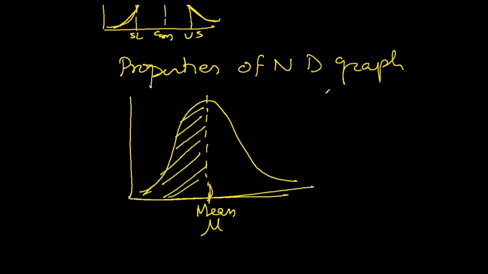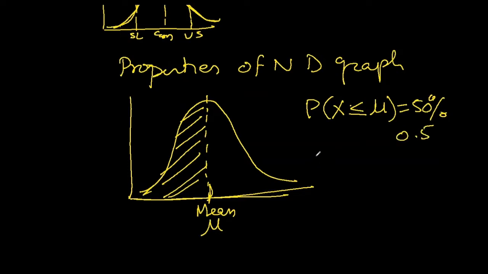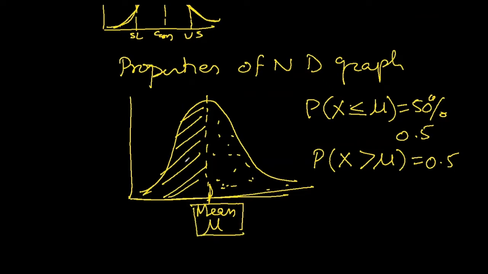So the probability that x is less than or equal to mu is 50%, or 0.5. The probability that x is greater than mu is also 50%. That means the area under the curve below the mean is 50%, and above the mean is 50%. That is the first property of the normal distribution graph.